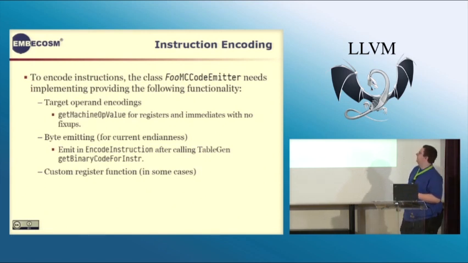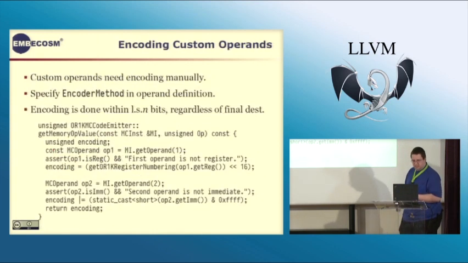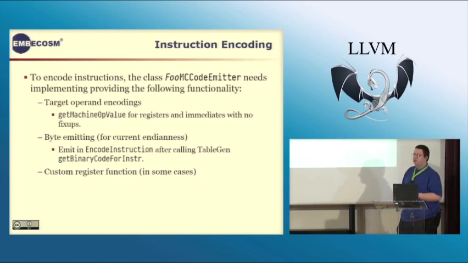TableGen does generate, I believe, a function to encode registers for you based on each register class, on the assumption that the first register in your register class is encoded as 0, the next as 1, etc. In the case where it isn't, you're expected to create a function that is basically one long switch statement: do I want to encode R0, return 0; R1, etc. Now, depending on your backend, you may have some specific operand types.